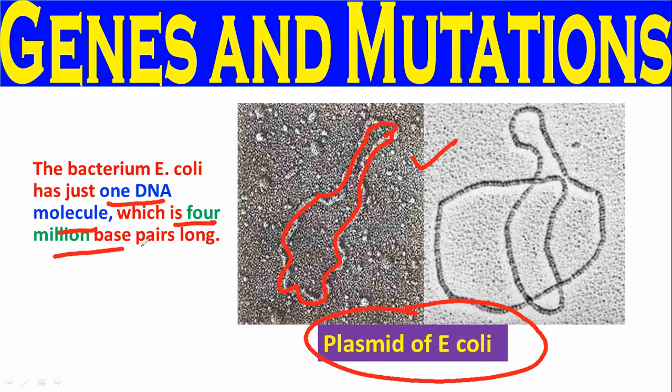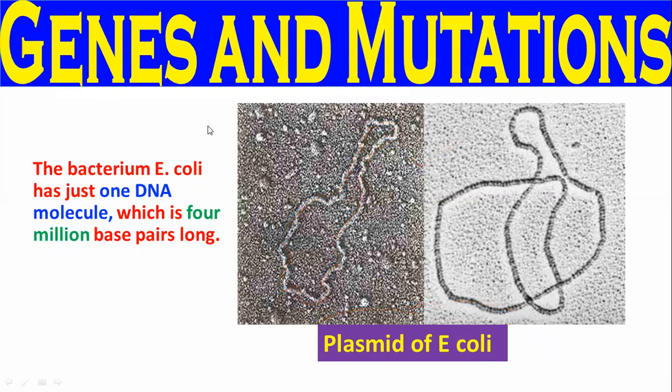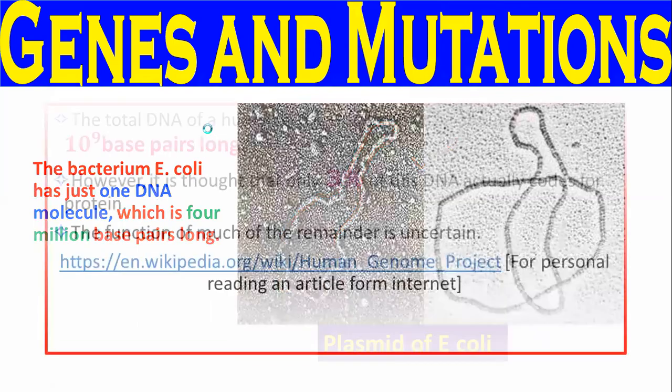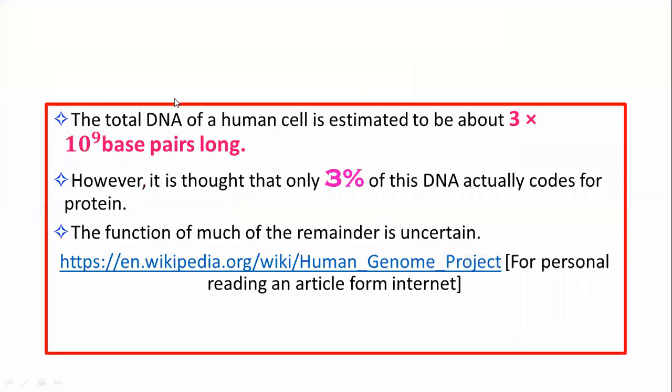It's 4 million base pairs long. So the total DNA of a human cell is roughly estimated to be 3 × 10^9 bases long. That's the information you need to remember.